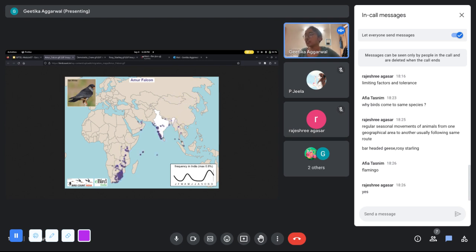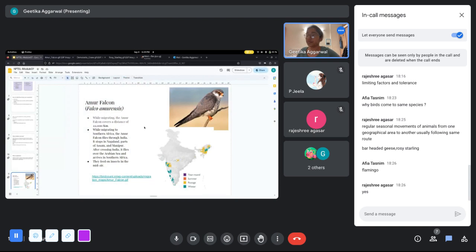So in the winters, you can see it's found in India and in South Africa, and in March it moves back to these parts of Eastern Asia, and then you can see it passaging through India, concentrating in Nagaland and in the Western Coast, and then moving again to South Africa. So this is how this interesting migration happens.